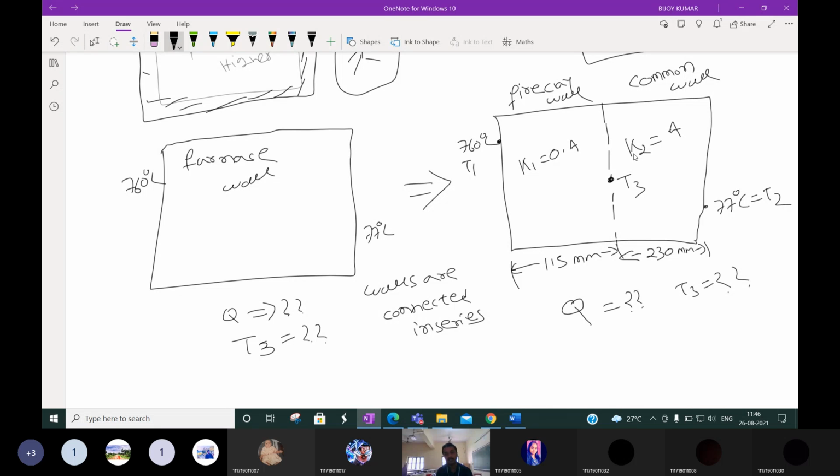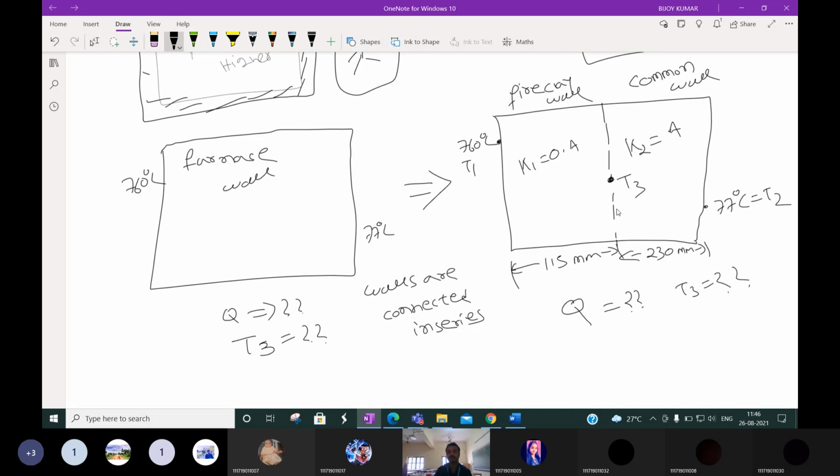What is the T3? Temperature. Yeah, temperature of what? Temperature of the common wall. It is the temperature in between, or you can say interface temperature, the temperature between the wall and the common wall.